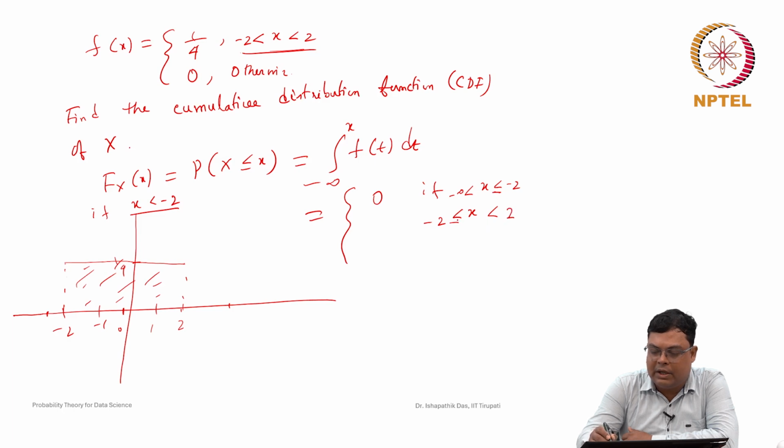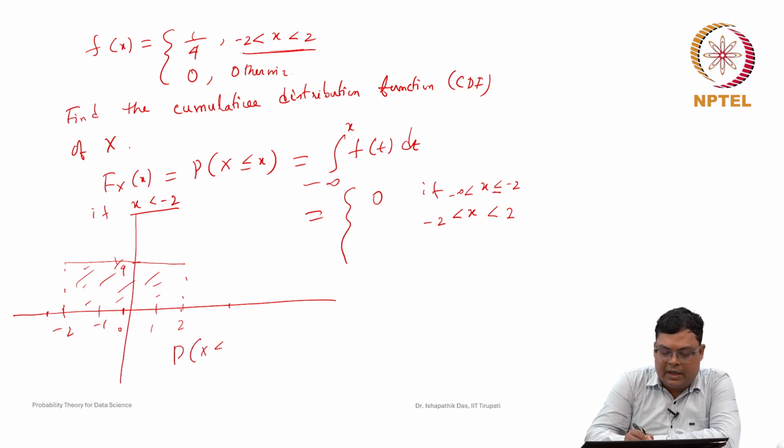because we have taken equality here, we can take just an open interval, x greater than minus 2 and less than 2. Then what will happen? The probability that X is less than or equal to x is nothing but the integral from minus infinity to x of f_X dx.